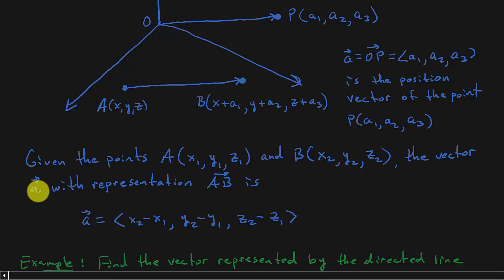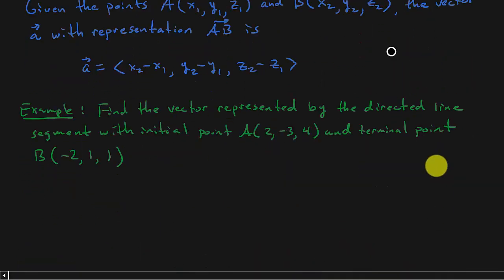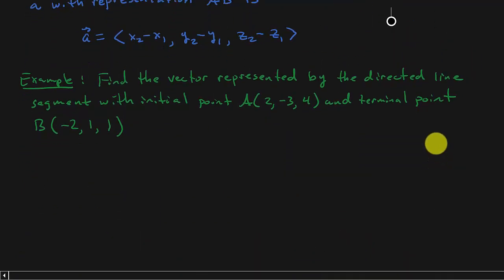All right, let's look at an example. It says find the vector represented by the directed line segment with initial point A (2, -3, 4) and terminal point B (-2, 1, 1).